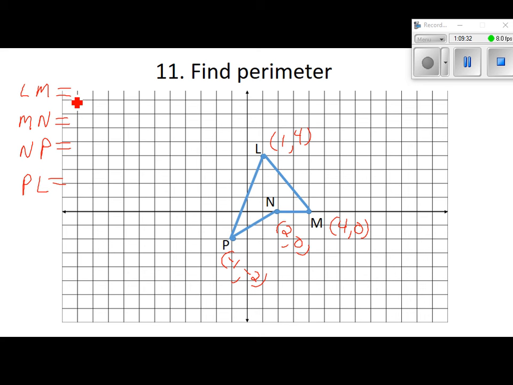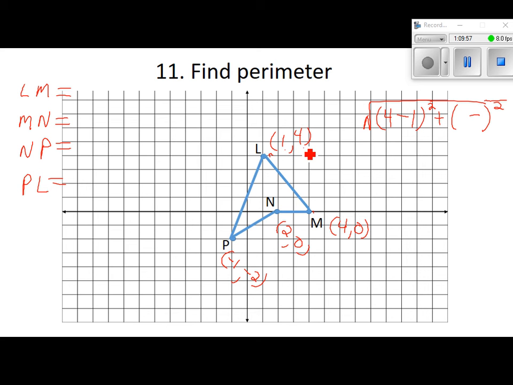Let's start with LM. We're doing the distance formula for LM. Remember, your distance formula looks like this every time. This time, L and M, these 2 points. Our X's are 4 and 1, 1 and 4 actually, but I turned them around.